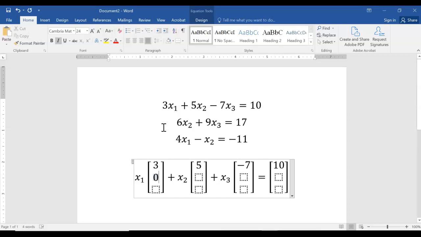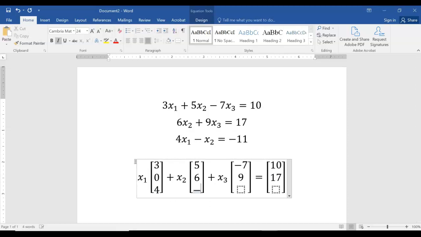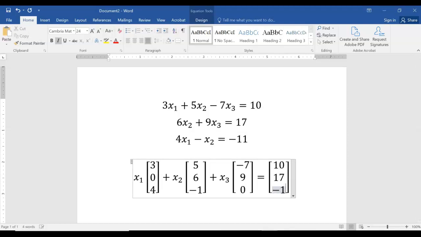There's no x1 here, so we just put a 0 there. 6 times x2, 9 times x3 equals 17. Then that last equation, 4 times x1 minus x2, so negative 1 times x2. There's no x3 here, so we put a 0 x3 is equal to negative 11.